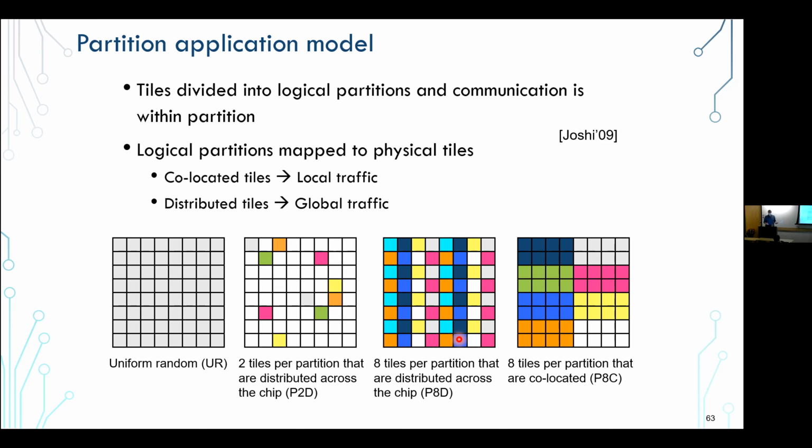These choices have obvious power implications. Here, I would have to put my router somewhere here so that all of these blues can reach me with shortest distance. That's my subnet. But those wires are longer than in this case. But then that router could talk very quickly to the router of the other partition, so I may not have that much congestion or power there.